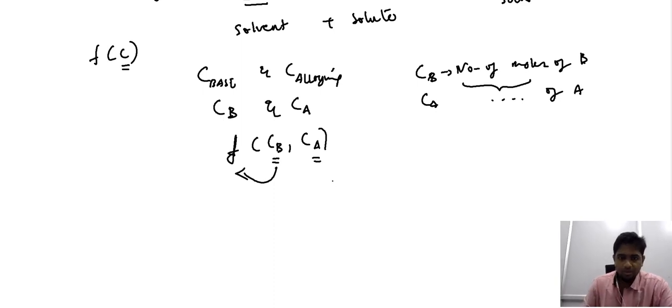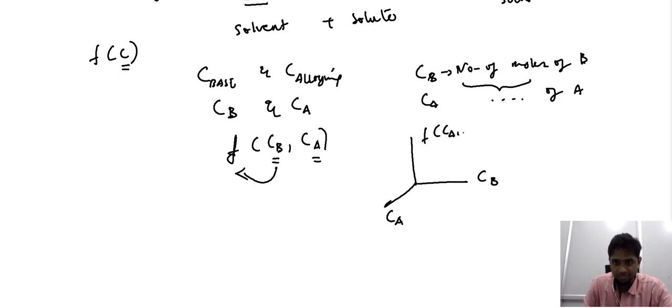Now, when we want to plot the free energy function of this form, we need a three-dimensional representation wherein we include the concentration of the base metal, the concentration of the alloying element, and also the corresponding free energy.